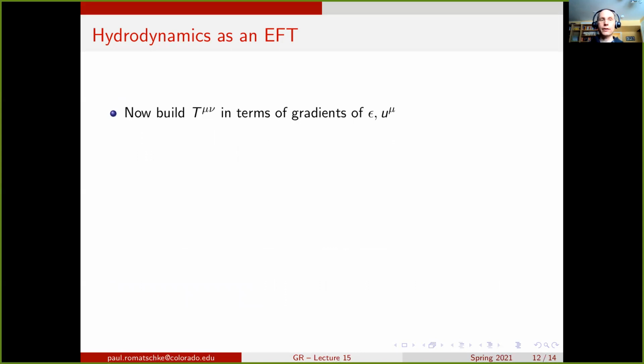So once we have identified the good variables for the EFT framework, we are now tasked with writing down a gradient expansion for T^{μν} in terms of these variables ε and u^μ. Just as with the case of the conserved charges, we should also think about considering sources. They are an analog of electric and magnetic fields for charged particles.